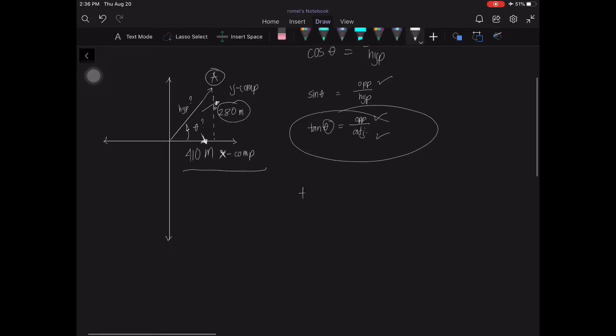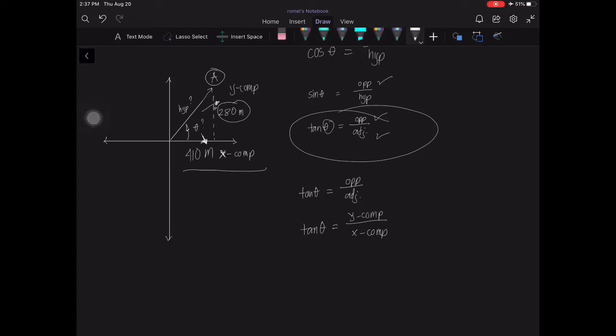So we have here tan theta is equal to opposite over the adjacent. When you check again, the x component here is the adjacent of the angle, so we can simply change the adjacent into the x component, and the one on top, the opposite, is the y component.